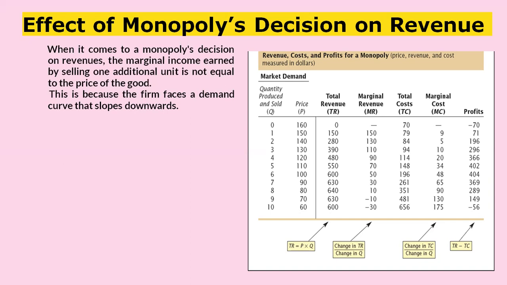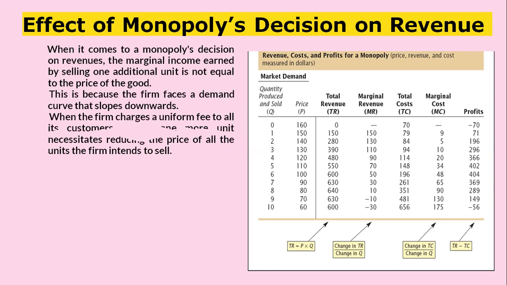This is because the firm faces a demand curve that slopes downwards. When the firm charges a uniform fee to all its customers, selling one more unit necessitates reducing the price of all the units the firm intends to sell.